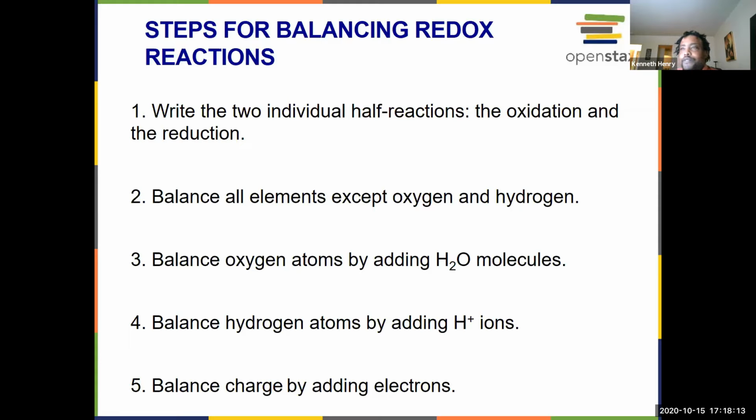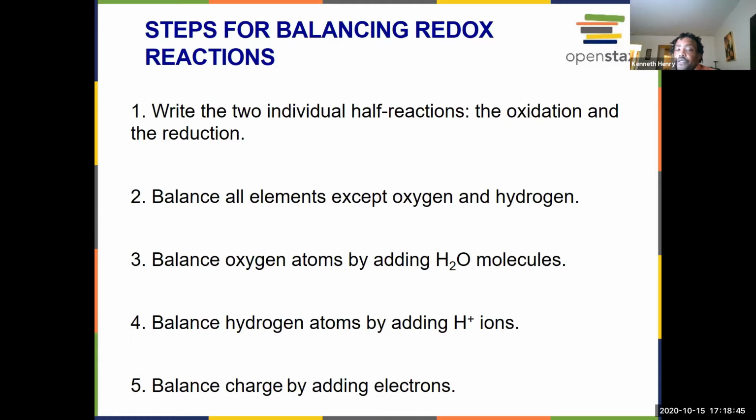Okay, so let me take a step back, because you were probably trying to write all this down, right? You can just print out the notes. So the first part that you want to do, you want to break it up into 2 reactions. One that you're going to pretty much know is going to be oxidation. The other one is going to be reduction. Then you're going to balance everything in the equations except the oxygens and the hydrogens.